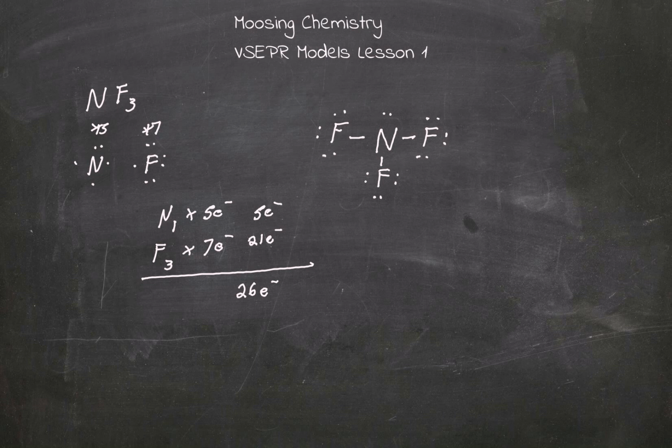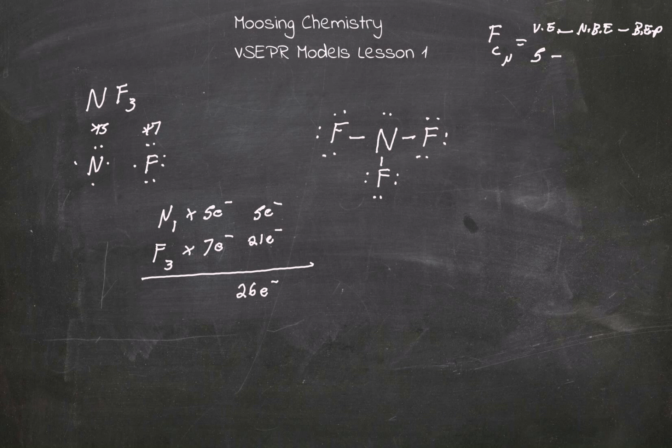So we're going to do something called formal charge again. So our formal charge for nitrogen is going to be valence electrons minus non-bonding electrons minus bonding electron pairs. So nitrogen has 5 valence electrons.